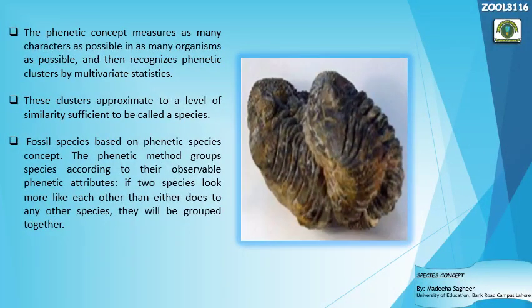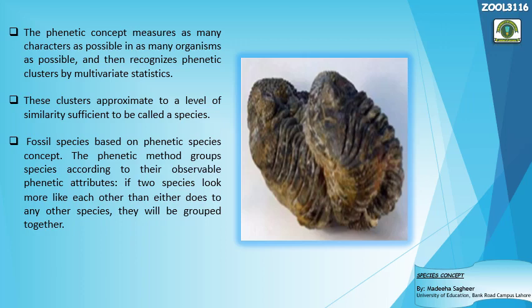Okay, the phenetic concept measures as many characters as possible in as many organisms as possible. So it takes as many organisms as it can, and it measures almost all the characters and similarities, and then it groups the organisms on the basis of the similarity, and then recognizes phenetic clusters by multivariate statistics.